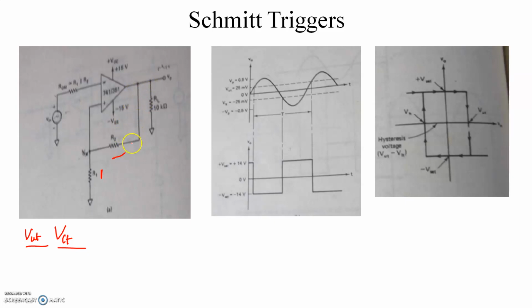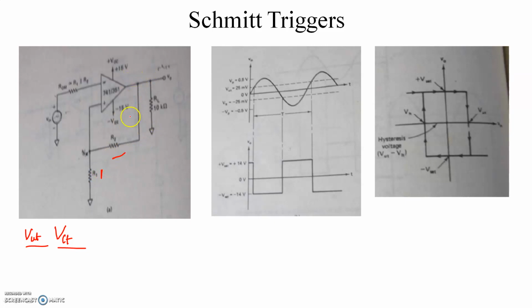The positive feedback is given through the voltage divider R1 R2, and the voltage at the non-inverting terminal is the voltage across resistor R1. So we obtain threshold voltages VUT and VLT depending on the value and polarity of the output voltage.